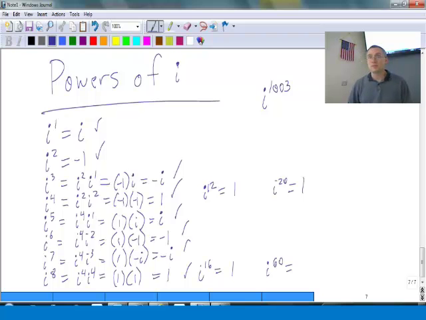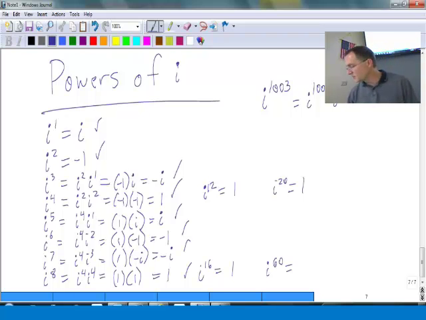Is 1000 divisible by 4? It is. So you could write this as i to the power of 1000 times i cubed. Do we yet believe that i to the 1000 ought to equal 1, because 1000 is divisible by 4?